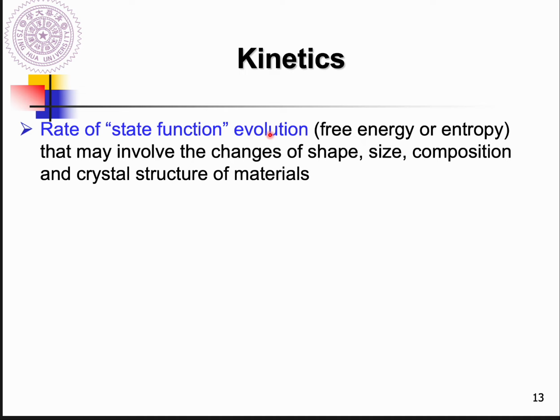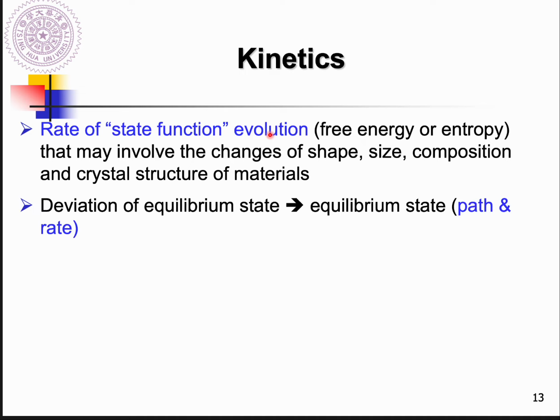And kinetics, as you know, involves a flux passing through, right? This process definitely goes from a state deviated from equilibrium toward the equilibrium state. Otherwise, if both states are equilibrium states, it's very difficult to have a flow process. A flow process means there's definitely a flux passing through.